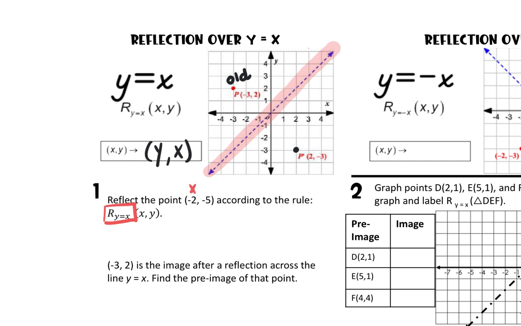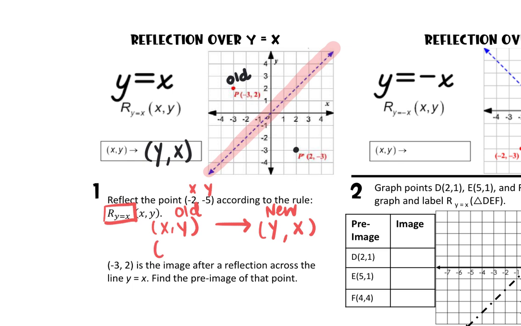This is your x. This is your original y. I have my original point, your old point, and you're trying to get the new point. We don't know what that new point is going to be, but we do know that it's going to have that change of position, right?